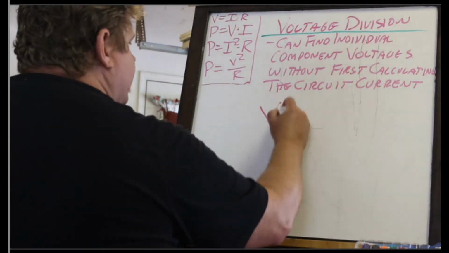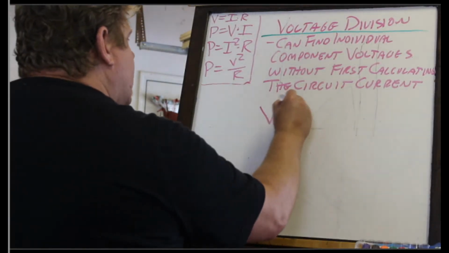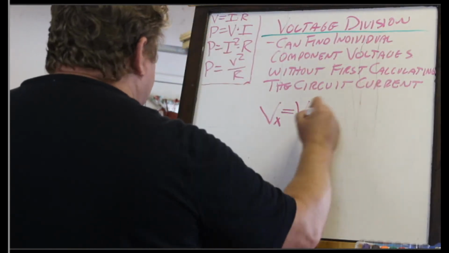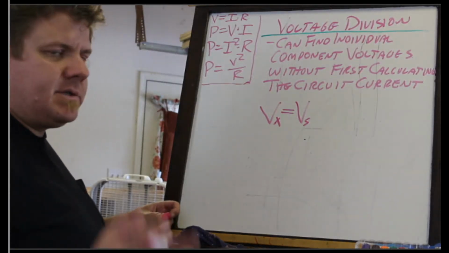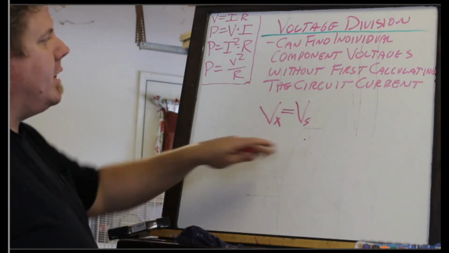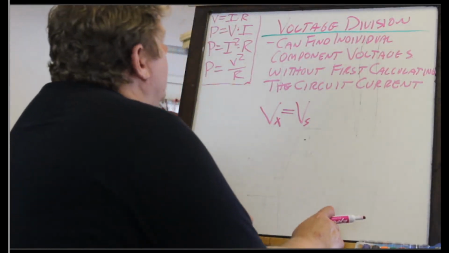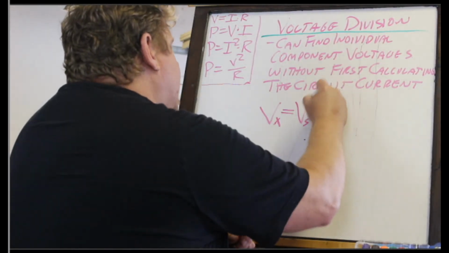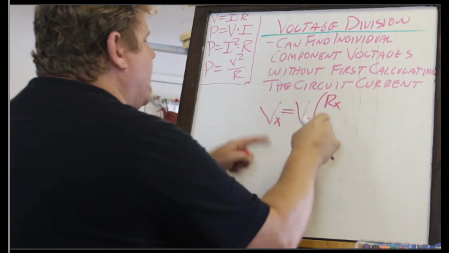The voltage of the individual component, whichever one it is that you're talking about, that's why there's an X, equals the total source voltage. So you could write VS or VT here, depending on the semester. Sometimes I use those interchangeably, but I'm always talking about the total source voltage here. And that's going to be times the individual resistor that we're talking about.